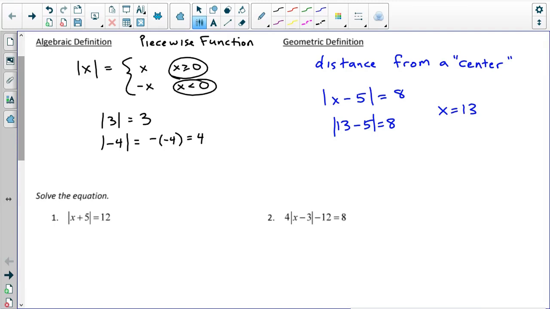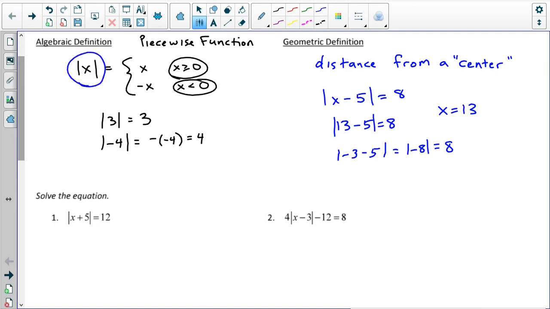I also could figure out that negative 3 will work, because this will give me the absolute value of negative 8, which I know distance-wise would be 8, according to my definition algebraically.